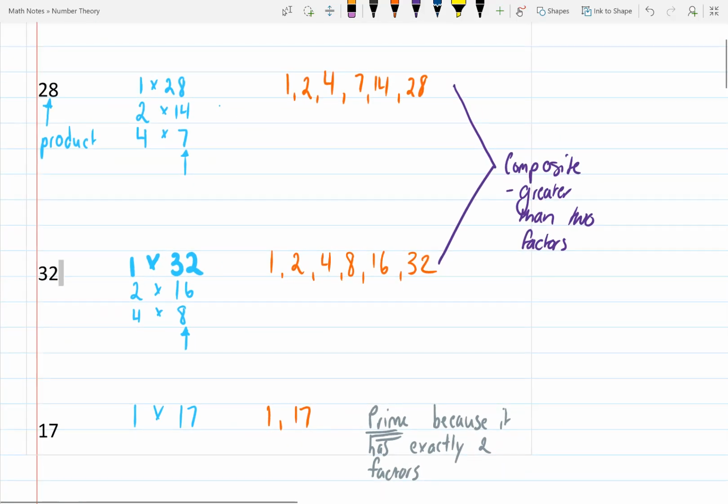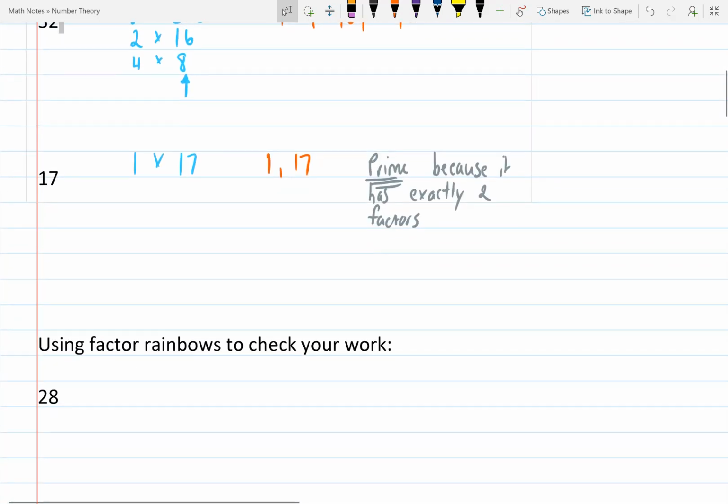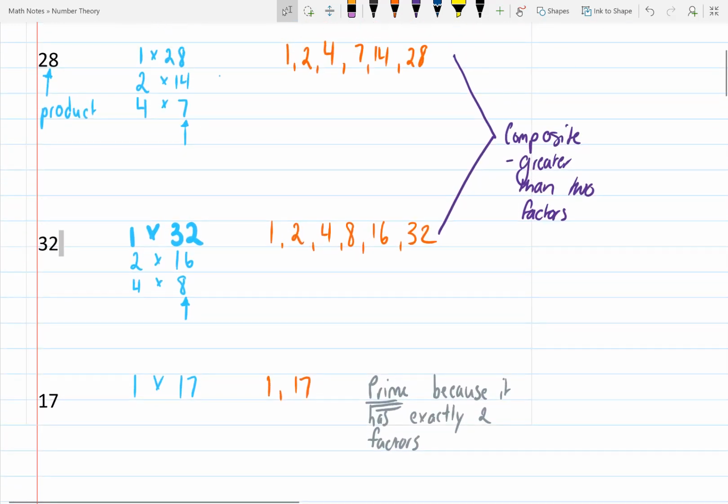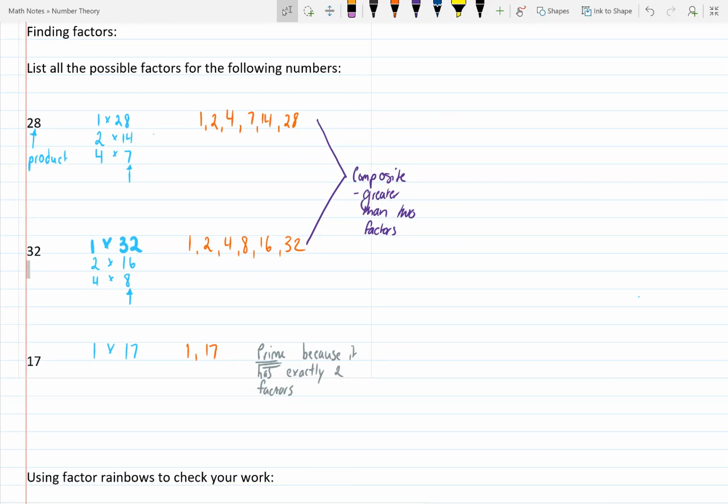You look for the factor pairs, and then you list the factors in sequential order, or ascending order. And then, once you have the factors of that number, you can determine whether the number is a prime number or a composite number. Now, once you've written out your factors, you can create what's called a factor rainbow to check whether or not you have all of the factors of that number.